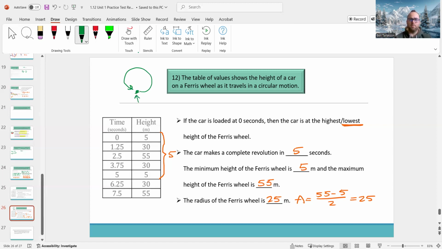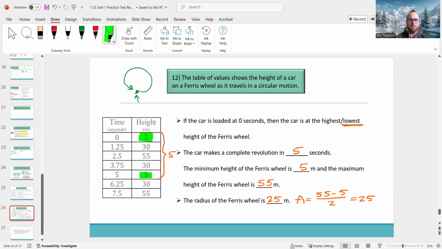Okay, well, the car makes a complete revolution in how many seconds? Well, here is our seconds column, and we need to see how long it takes to go from the same value to the same value. So we see 5 here, and so we're looking for 5 again. We see it there, and we just want to make sure this pattern continues. So we go 5, 30, 55.